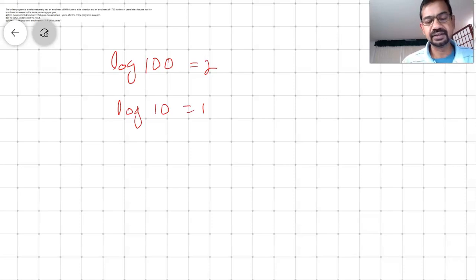Similarly, if we look at the natural log, then the natural log of e is asking us to what power do we raise e to get e, and then the answer is just 1. Now suppose my number that I'm interested in is e^x.